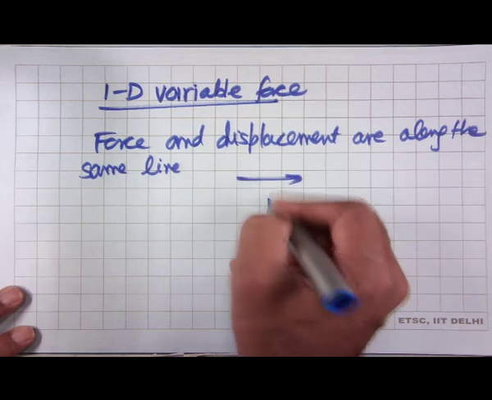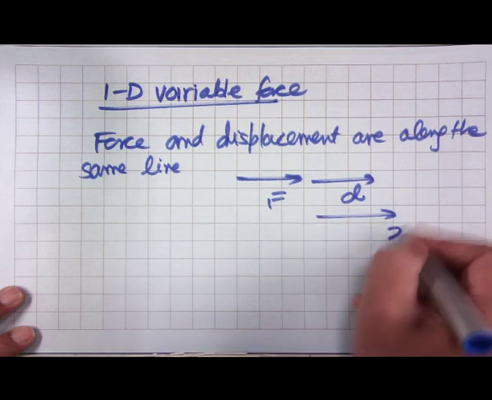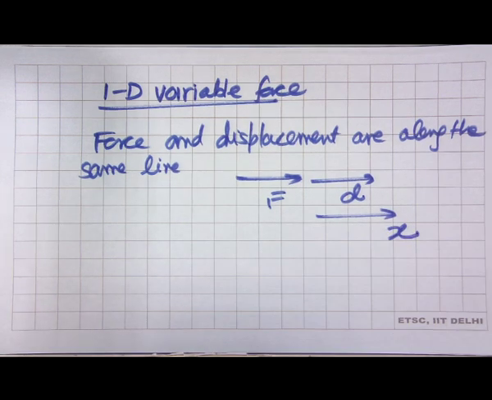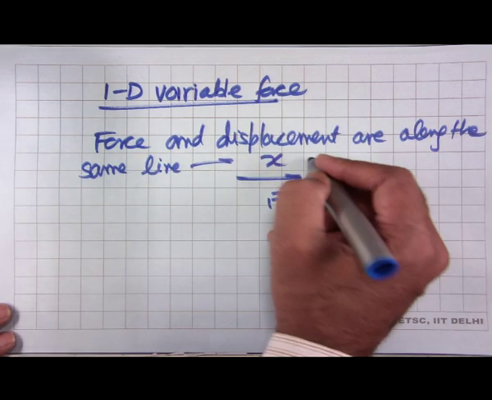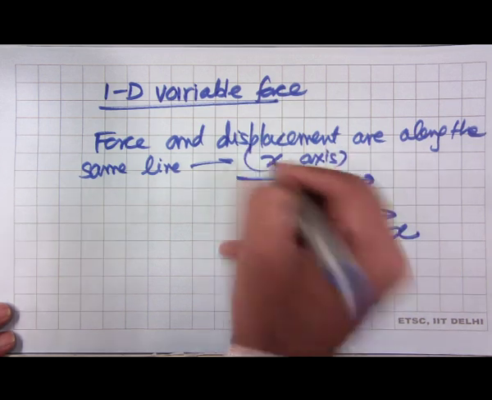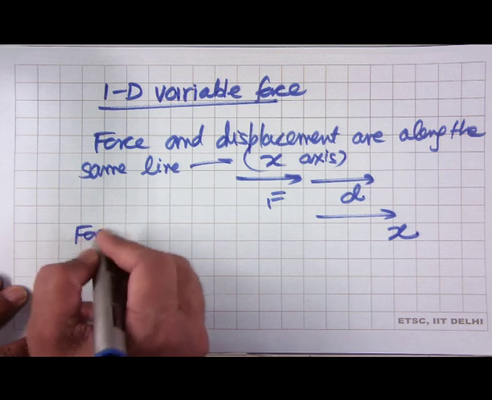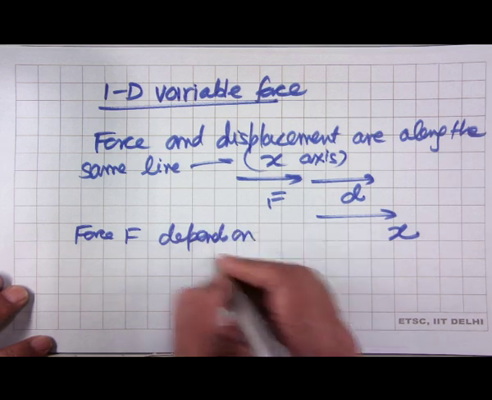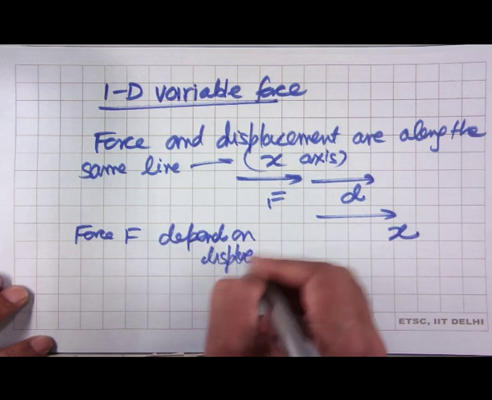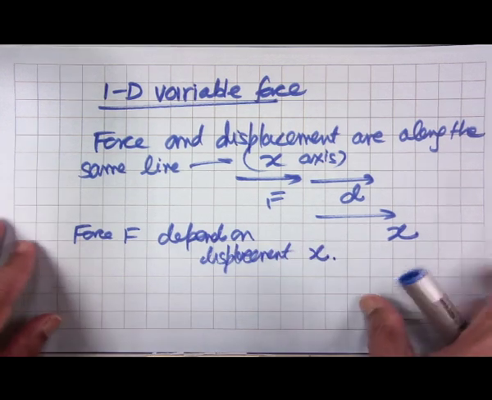So, if this is the force, the displacement is also here, and let us say this direction is the x direction. So, the same line which we take as the x axis or the x direction. And let us say the force F depends on the displacement, and the displacement we show as x.